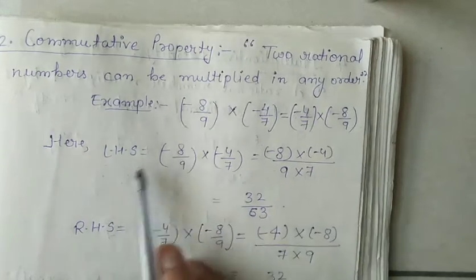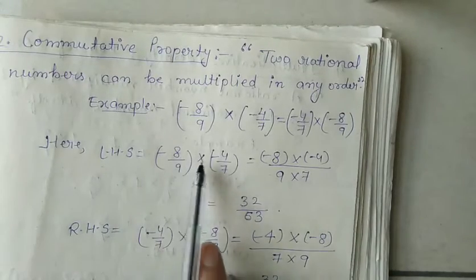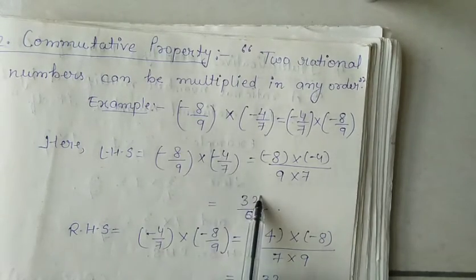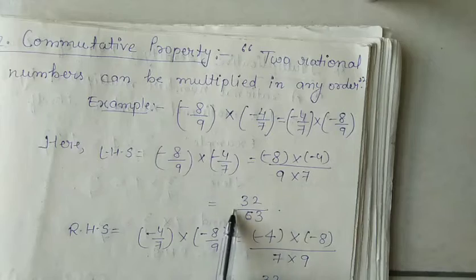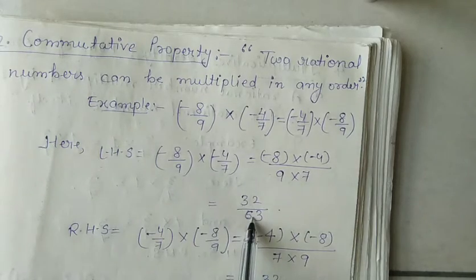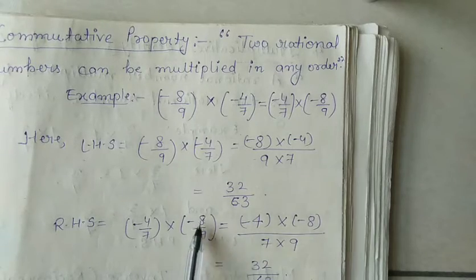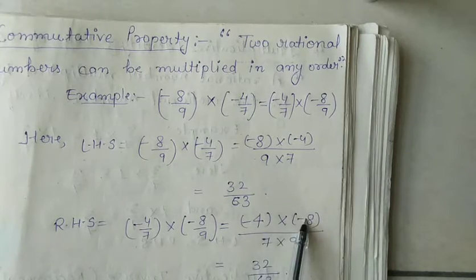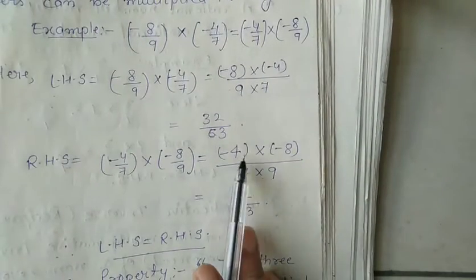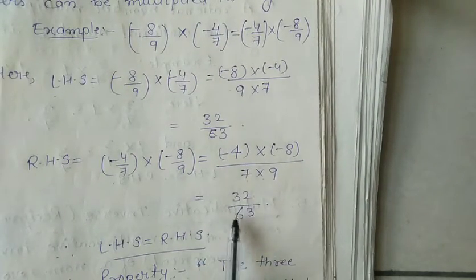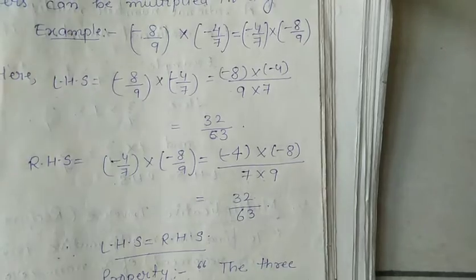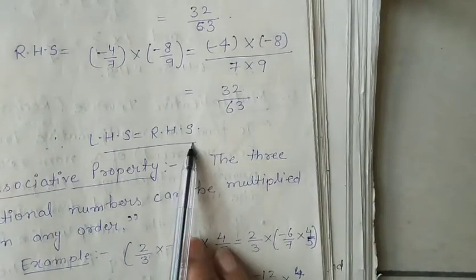On the left hand side, 8 into 4 is 32, and minus into minus is positive, and 9 into 7 is 63. When we multiply minus 4 by 7 into minus 8 by 9, that is minus 4 into minus 8 over 7 into 9; 4 into 8 is 32, minus into minus is positive, and 7 into 9 is 63. Left hand side is equal to right hand side.